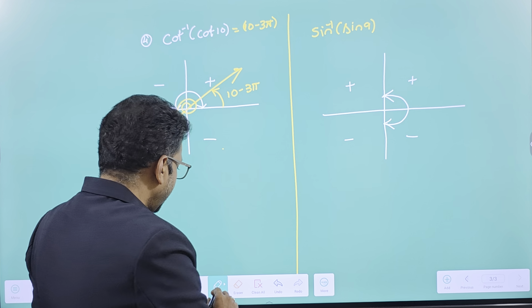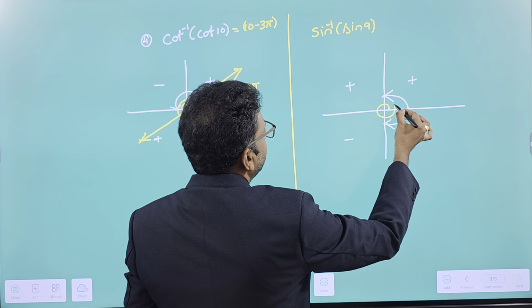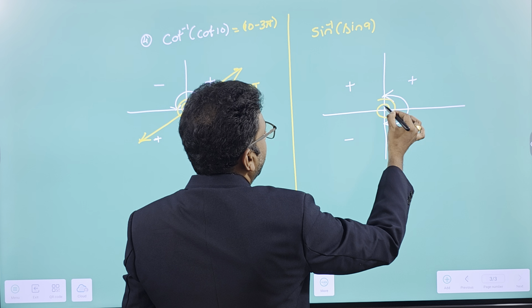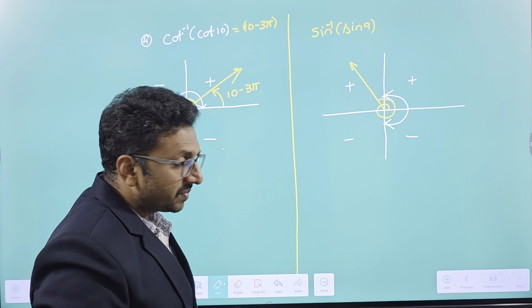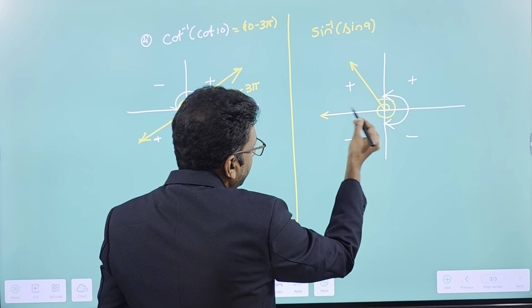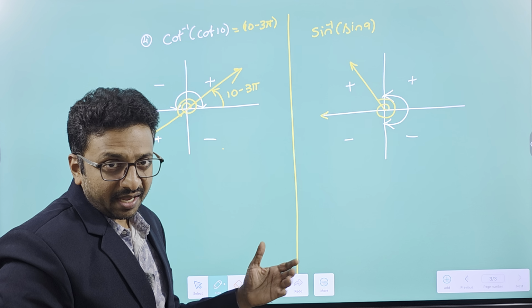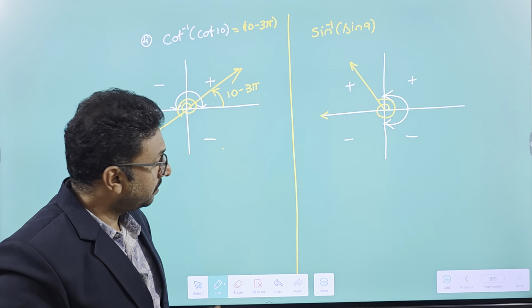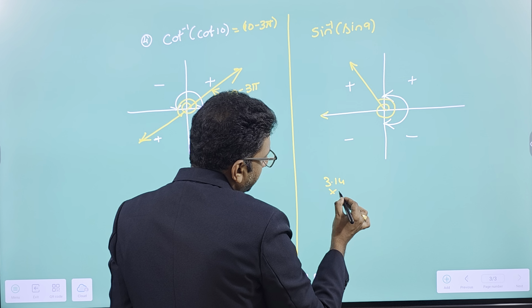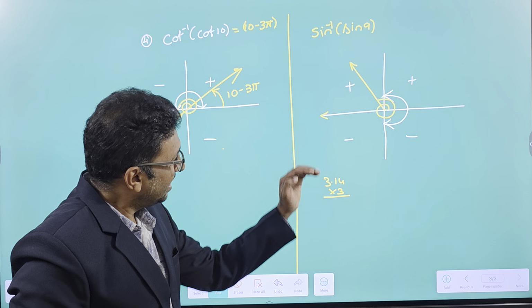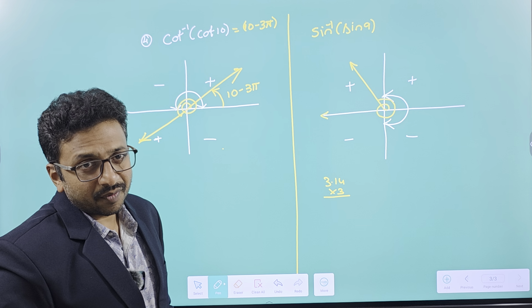Now let us rotate the ray. 9 radians, I think you can see that 9 radians ends in the second quadrant, right? This complete 1.5 rotation is 9.42 radians, as we have seen. 3 pi is 3.14 times 3, 9.42 radians, and 9 is slightly less than 9.42 radians, so you will stop in the second quadrant.